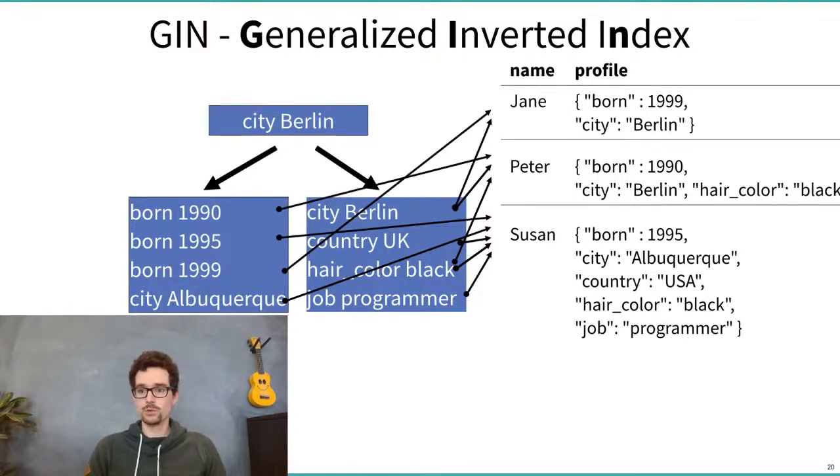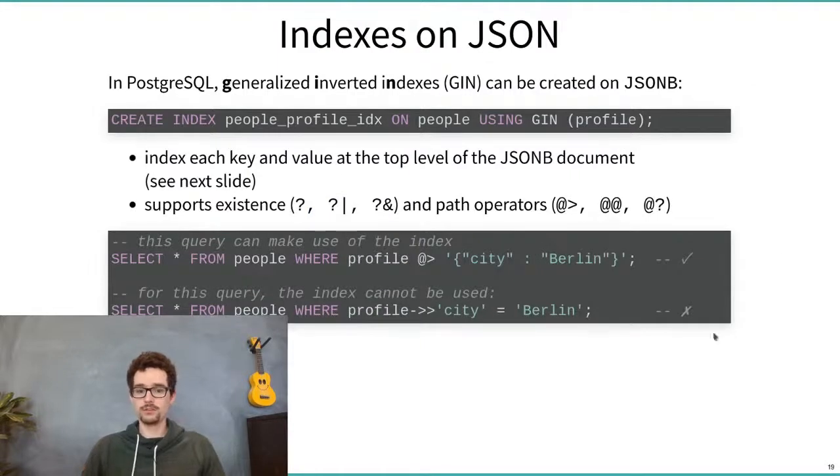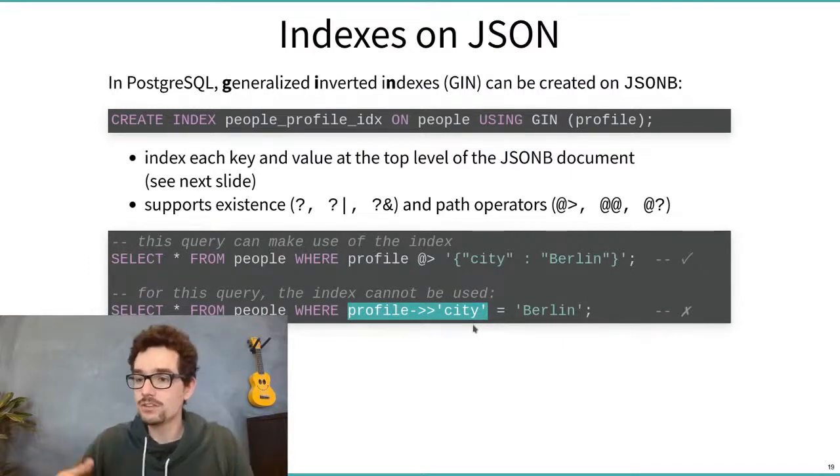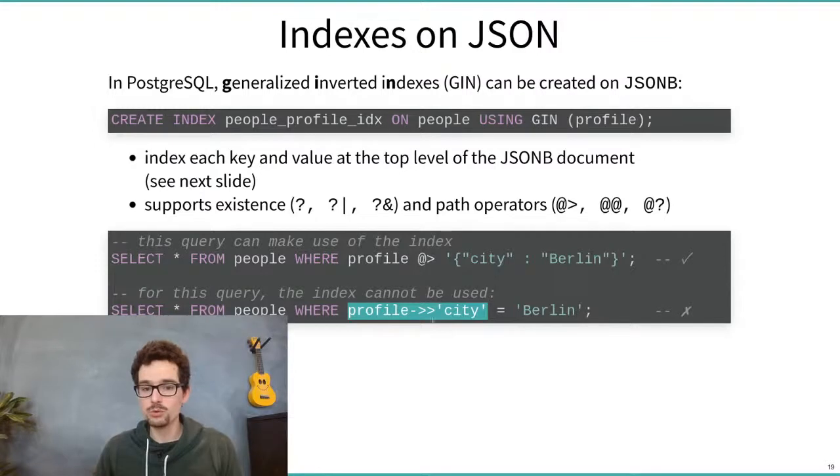So what's now with this query here? It does not use the index because we access the city value. This is a syntax that you would use for queries like give me the city of every person. Then you would use this arrow operator, give me the city, or group by the city.